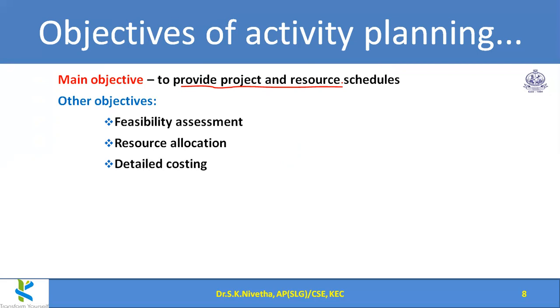Then detailed costing. Detailed costing can also be done if we have activity level planning, and for each activity how much cost it incurs, so that we can add them together to find out the detailed cost. Then it improves motivation.